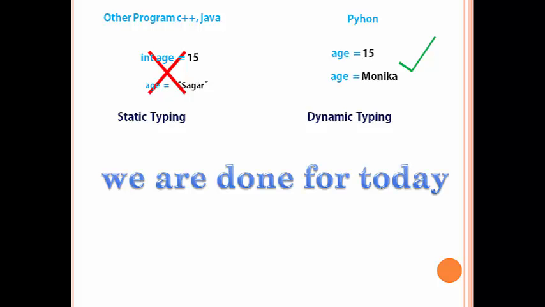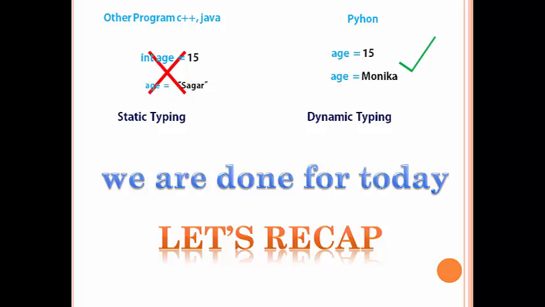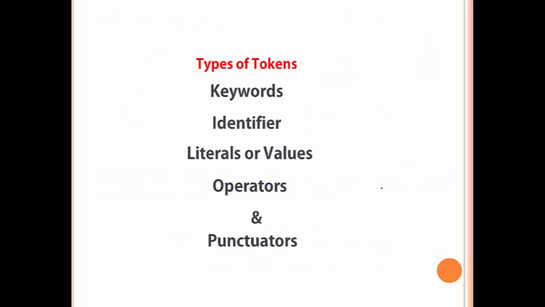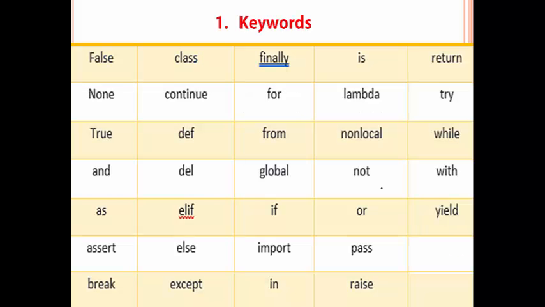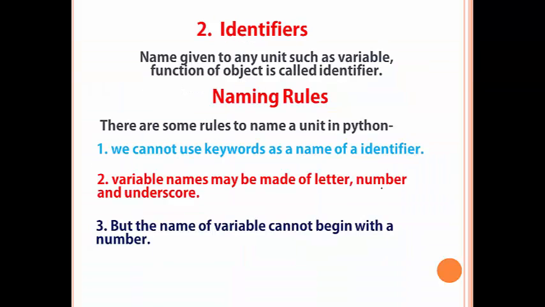So we are done for today. If you want to recapitulate, we'll do it briefly. We learned the types of tokens: keyword, identifier, literal or values, operator, punctuator. Keywords are reserved words; you cannot use these reserved words as the name of any function or variable.